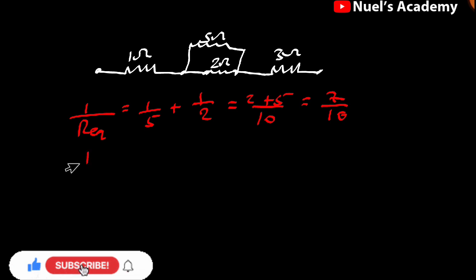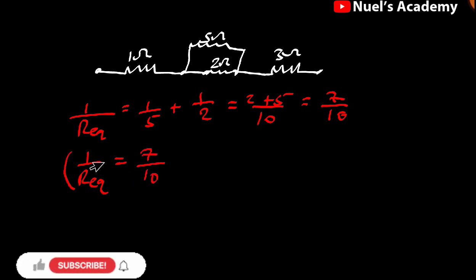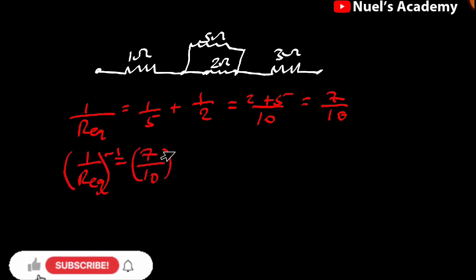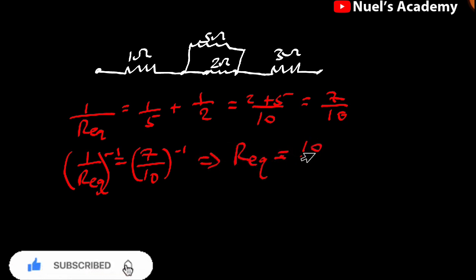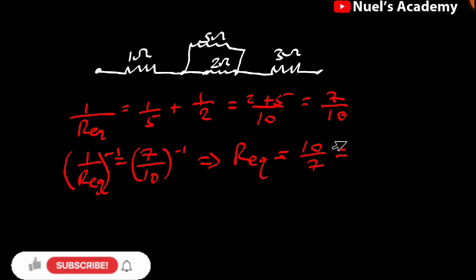So the equivalent resistance for these two resistors that are connected in parallel is going to be equal to 7 over 10. Then let's take the inverse of both sides. So the equivalent resistance is now going to be equal to 10 divided by 7, or let's just leave it as 10 over 7.